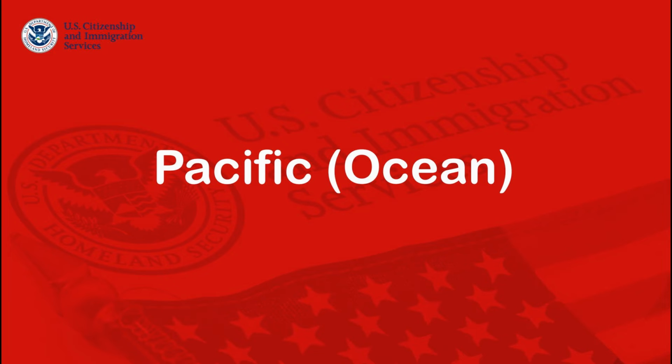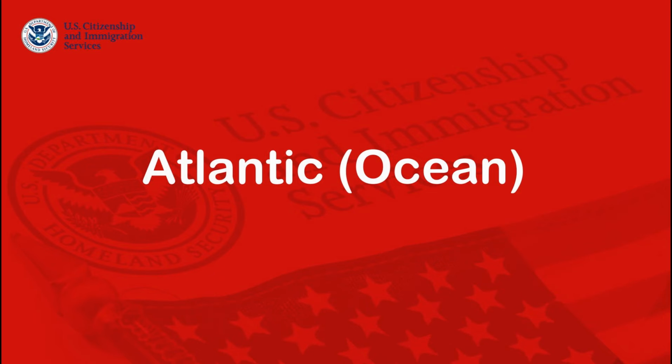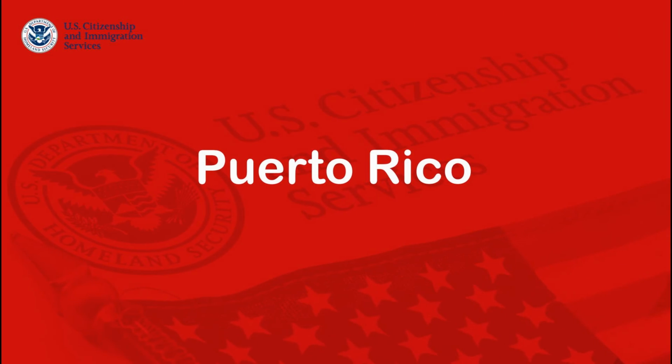Pacific Ocean. What ocean is on the east coast of the United States? Atlantic Ocean. Name one U.S. territory. Puerto Rico.